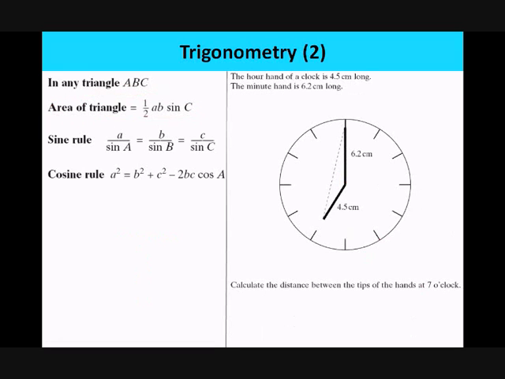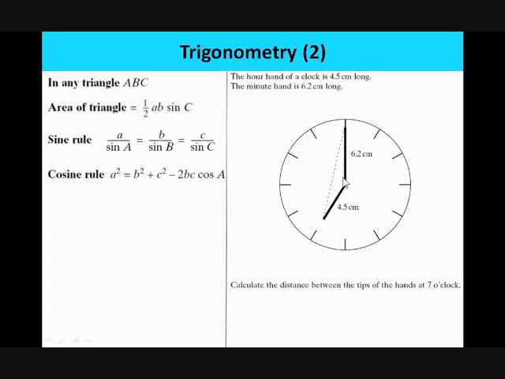Okay, here's another exam question. It's about a clock, and they tell you that the hands are 6.2 centimeters and 4.5 centimeters, and you have to work out the distance between the tips of the hands. So it basically forms a triangle, and you've got to work out the third side of the triangle.